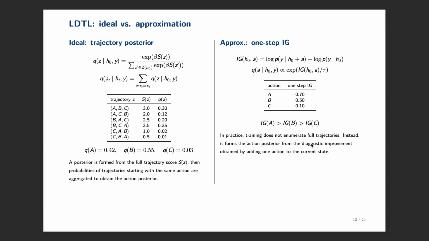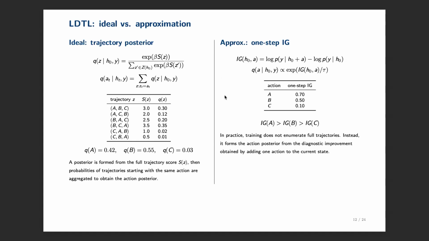So this slide is the most important part of this research. Ideally, we would evaluate full trajectories. For example, we could compare trajectories like ABC, ACB, BAC, and so on. Then we could assign higher probability to trajectories that lead to better diagnosis.